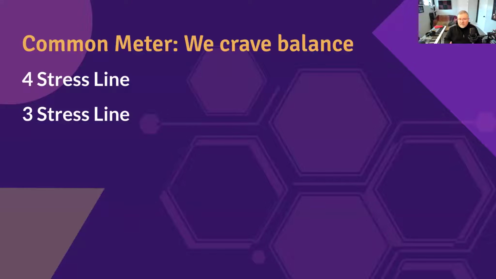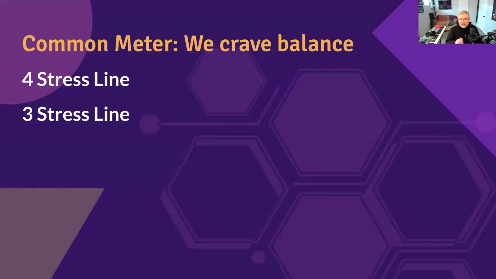And we crave balance. So this is where the concept of common meter is born from, the concept of couplets. And I told you we're getting really deep into syllables, and we're getting really deep into this stuff today, where this is really giving you the foundation of why songs work the way that they do. So if you have a 4 stress line and then another 4 stress line, that creates balance.